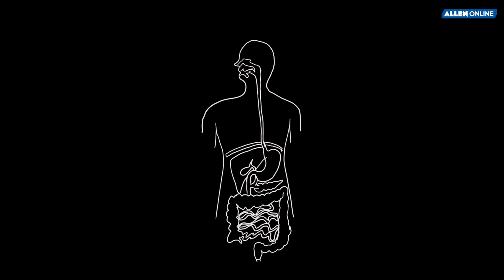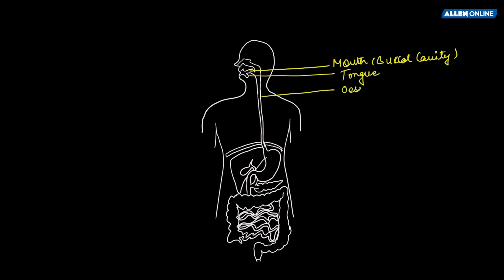So first we'll start with the mouth. So this we will label as mouth here, the buccal cavity. Then the tongue part here. And then we'll label the esophagus, the food pipe. Now we will label the diaphragm.